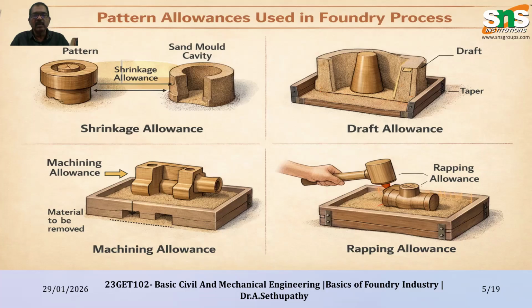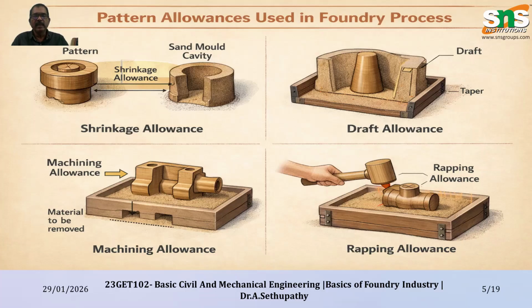The next one is draft allowance. Draft allowance means we make the pattern's outer edges with slight draft surfaces. Draft means small angles. So why do we need this draft?